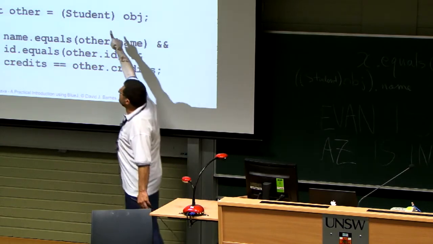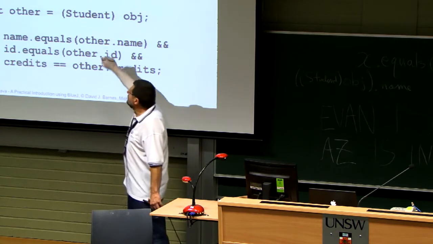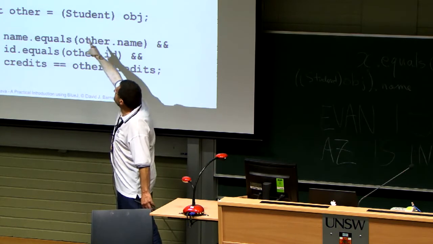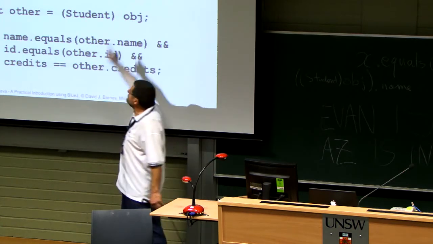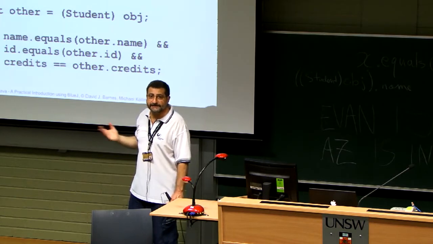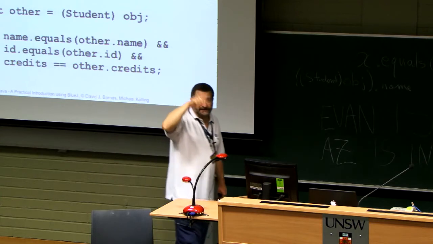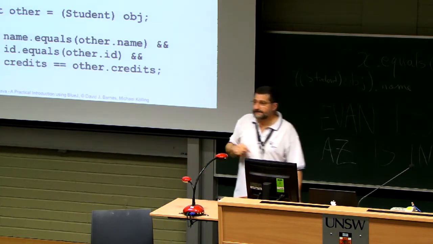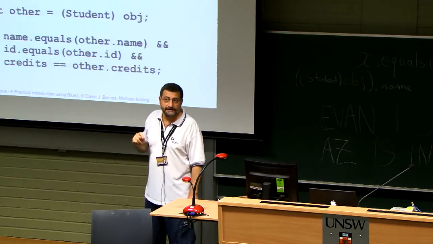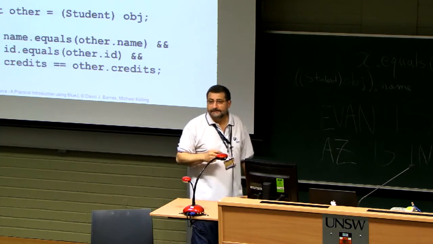So if we want to make sure that the object we're comparing is the same class as the Student object, then we can say, is obj an instance of Student? That's a Boolean expression that will be true or false, and obviously true if it is an instance of Student. The exclamation mark out the front is a logical negation. So it means that if this object is not an instance of Student, then we should return false. Okay?